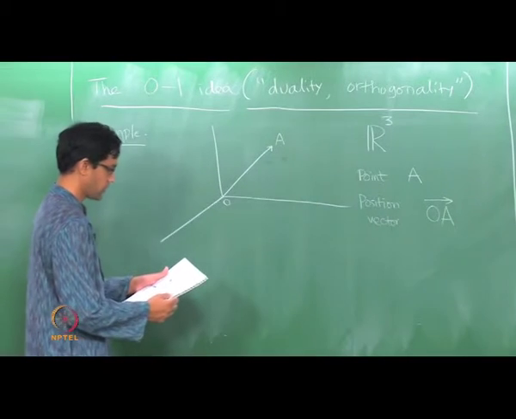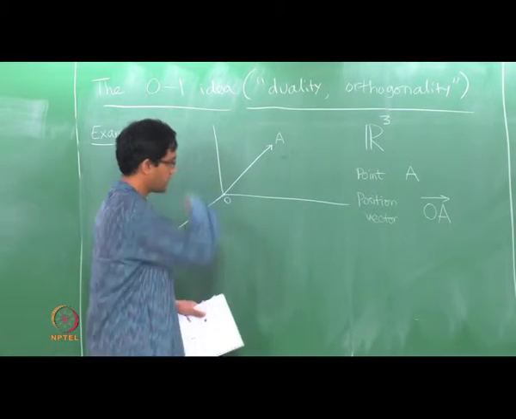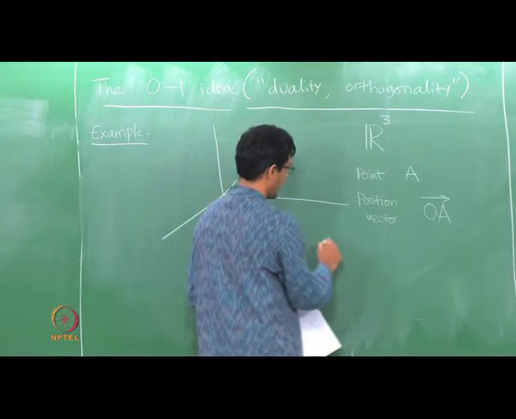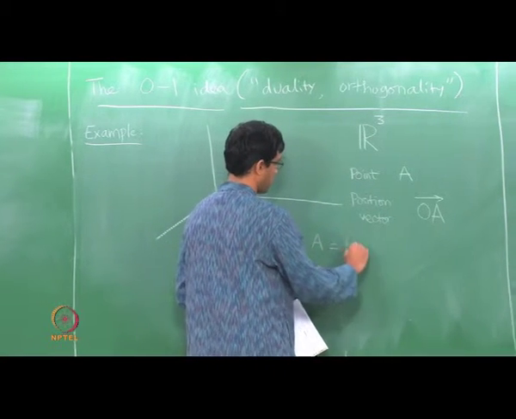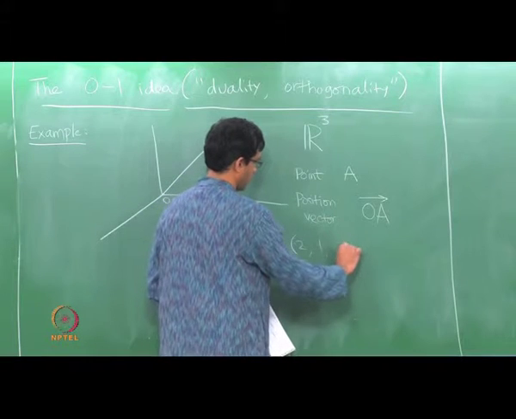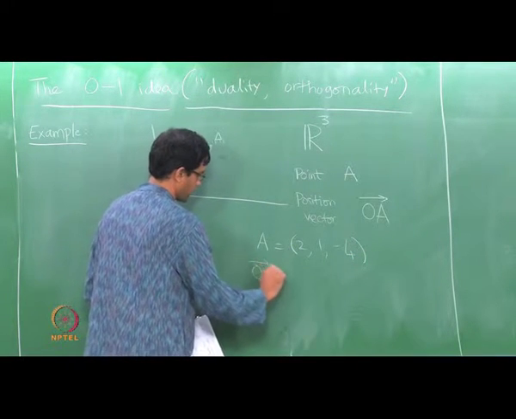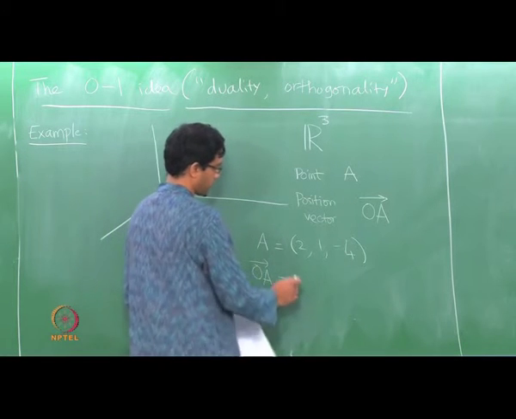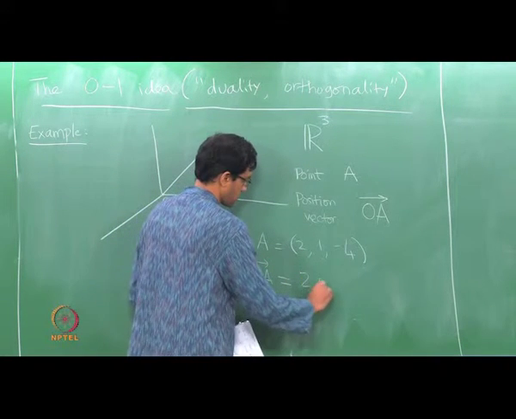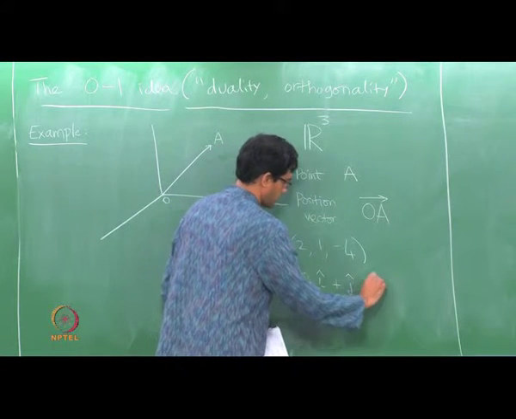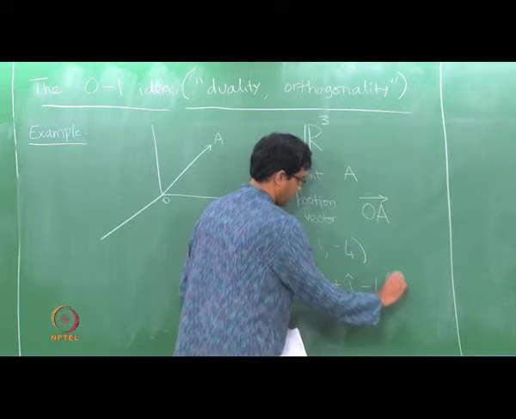Now here's what I want to do. Maybe we'll just give an example. If A is the point 2, 1, minus 4, then the position vector of A is usually written in vector notation as 2 i cap plus j cap minus 4 k cap.